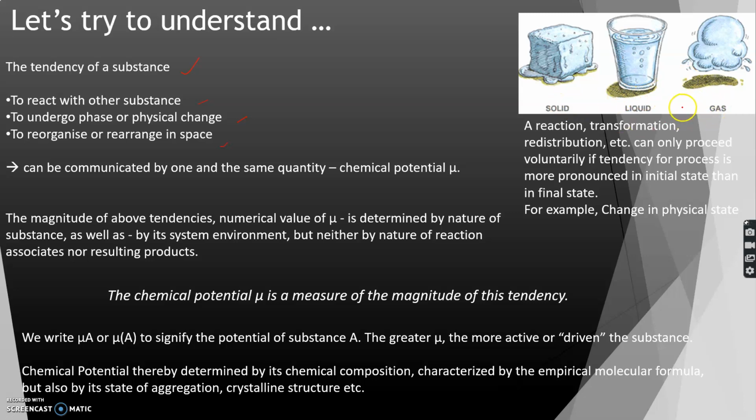This will be more pronounced if the tendency for the process in the initial state is more than in the final state. So, the chemical potential is a measure of the magnitude of this tendency. When we write mu A, it signifies the potential of the substance A, and the greater the value of mu, the more active the substance is. Chemical potential is determined by chemical composition and characterized by empirical molecular formula and also by the state of aggregation and crystalline structure.